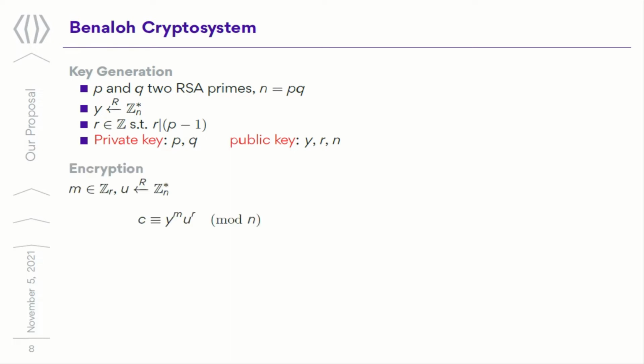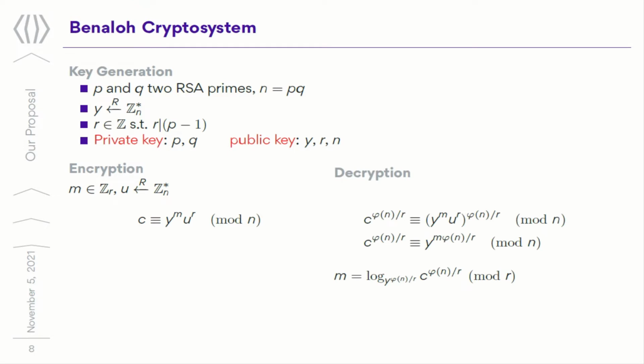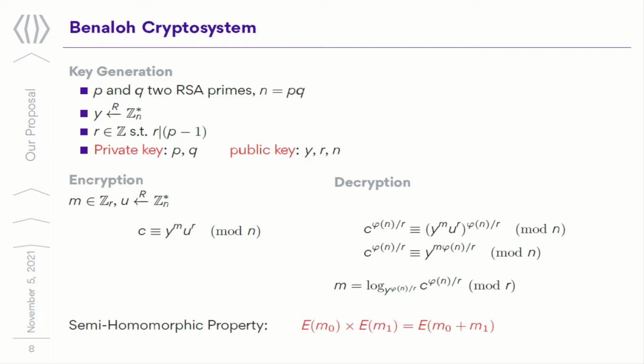To encrypt a message M, we just compute Y to the M times U to the R, modulo N. For the decryption, we just remove the quantity U to the R and keep the exponent of Y thanks to the modulo. We can see the semi-homomorphic property because when we multiply the encryption of M0 with the encryption of M1, the result is the encryption of M1 plus M0.